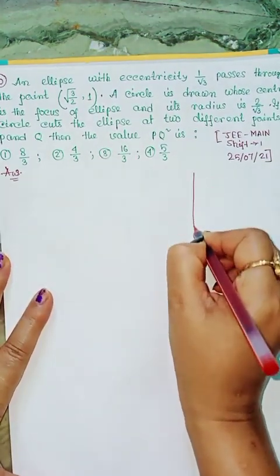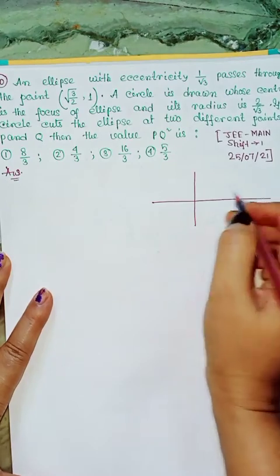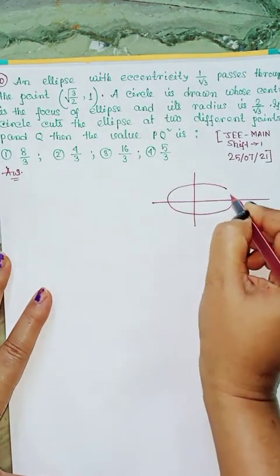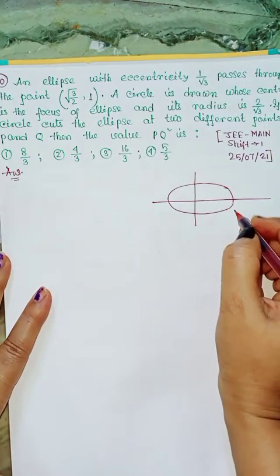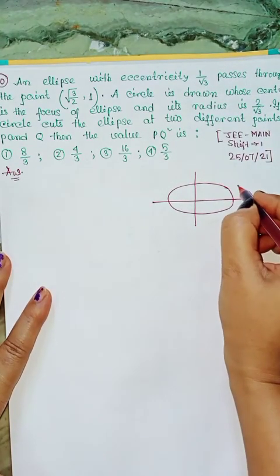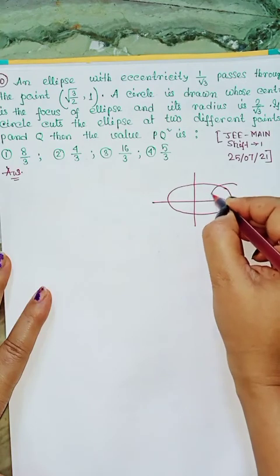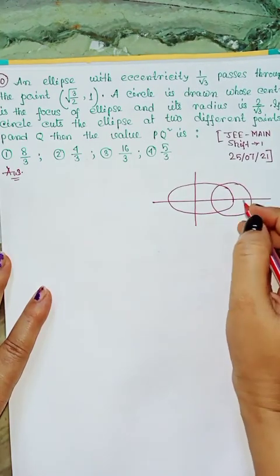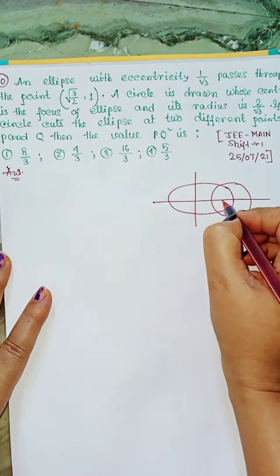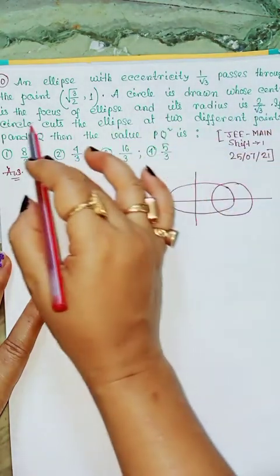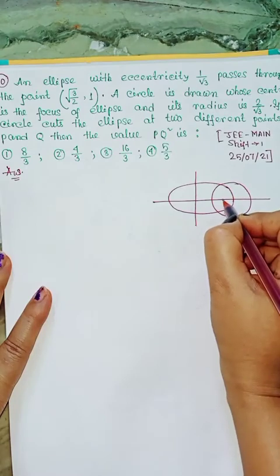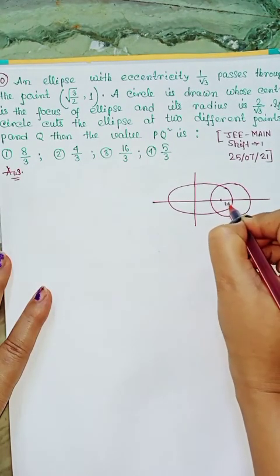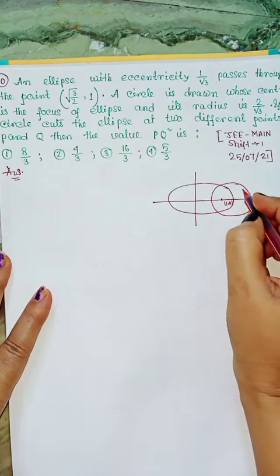So this one is the 2 axes, and here is the ellipse whose eccentricity is given, and here is a circle. The circle is drawn with its center at the focus of the ellipse, that is 1 comma 0.